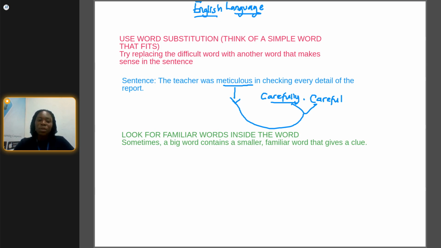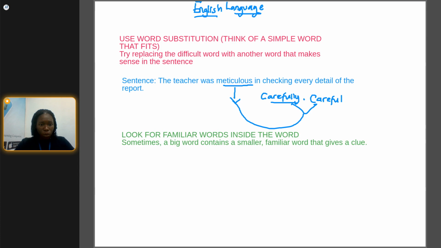Again, I'm going to keep reminding us so that we do not forget that context is very important. Do not for any reason leave out context when you are determining the meaning of a word, or when you want to provide the synonyms of a word, or the antonyms of that word.